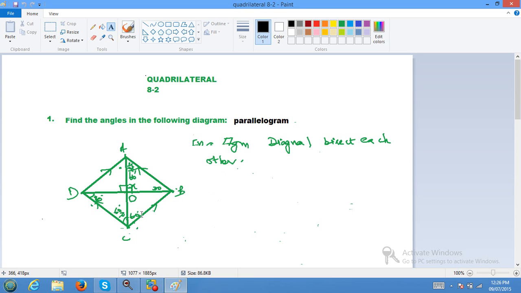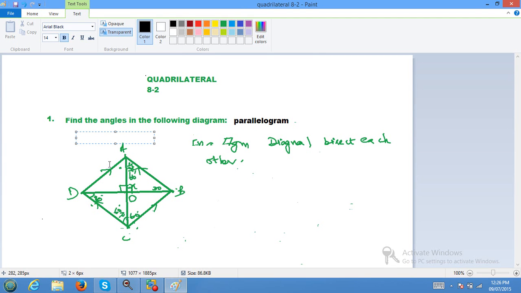So what are the properties of the diagonals? Diagonals bisect each other. That point we can easily make out. So we'll mark the parallelogram ABCD.